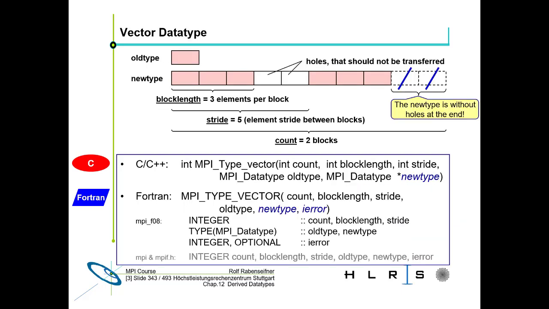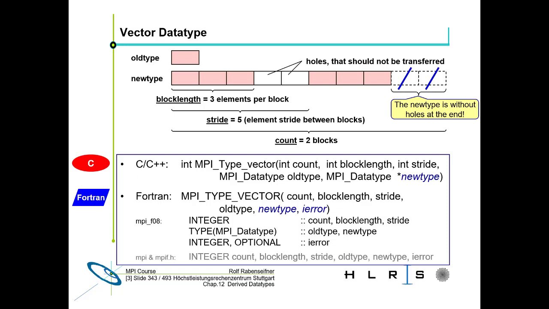A vector data type is also quite useful, and we have the old type, which could be, for instance, MPI double or MPI integer, and then the new type. The new type consists of blocks and strides between them. Here we have blocks with a block length of 3, that pattern repeats, and a stride of 5.